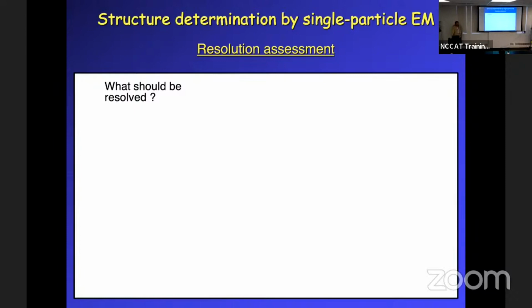So what should be resolved? If you have 20 to 10 angstrom, what would you expect to see? Exactly, envelope. Maybe domains, these kinds of things. If you have 9 to 10 angstrom, what do you expect to see?